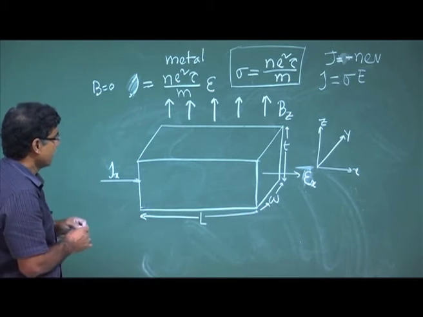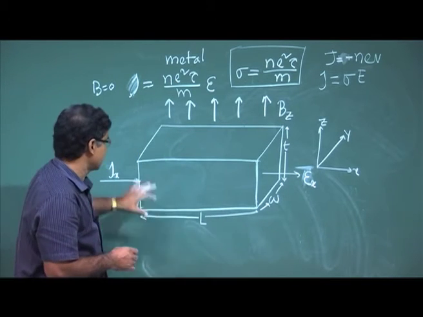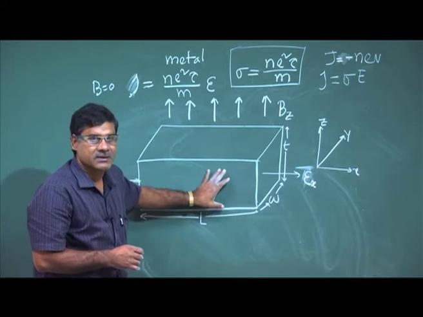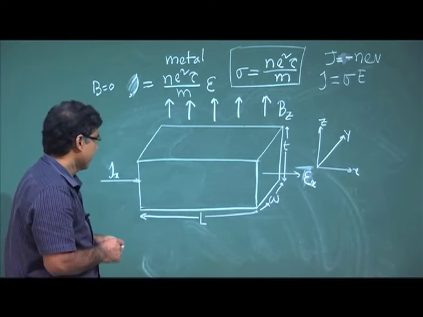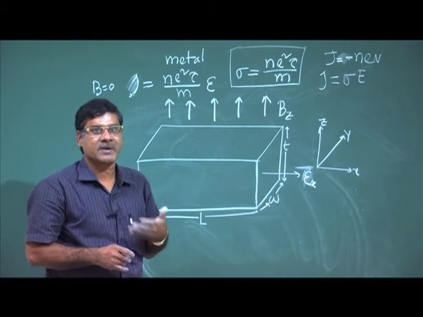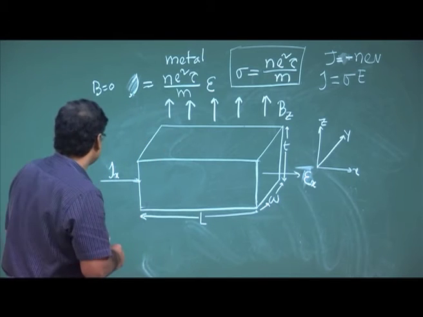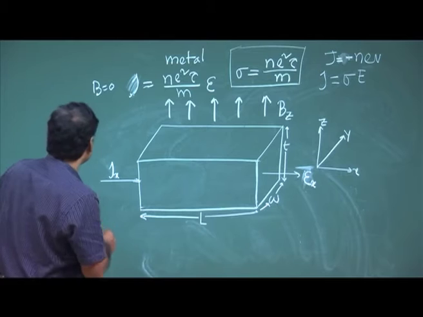Now, consider the effect of this magnetic field on the charge. The charge is moving, so it has velocity. That moving charge will experience a force because of the Lorentz force. What is the Lorentz force?